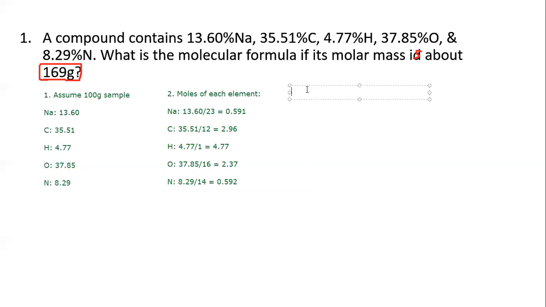The next step is to get the ratio by dividing all the moles by the smallest number of moles. We're doing this so we can get the ratio. So the smallest is sodium.